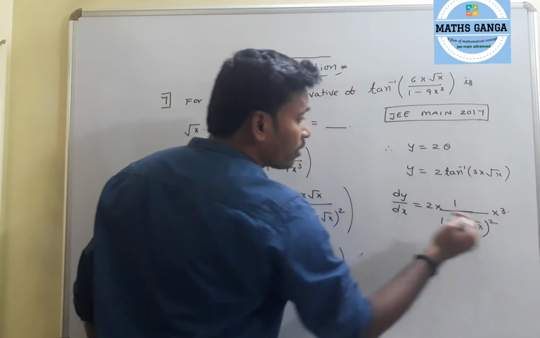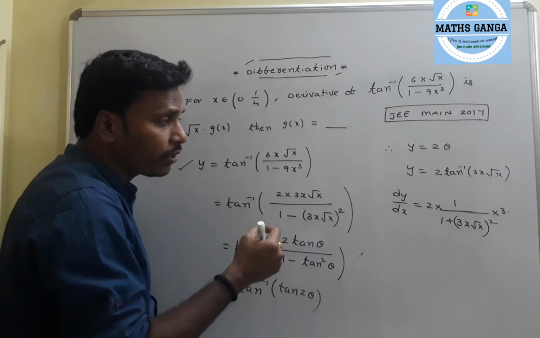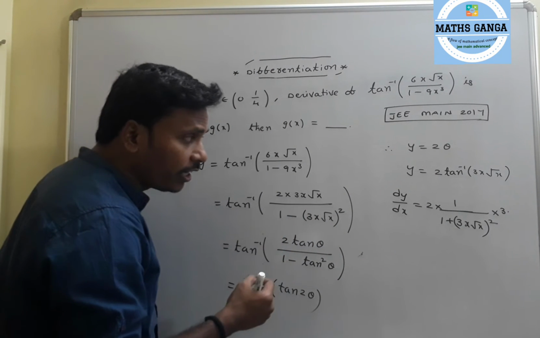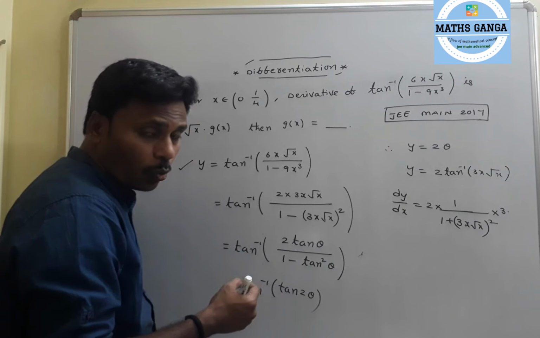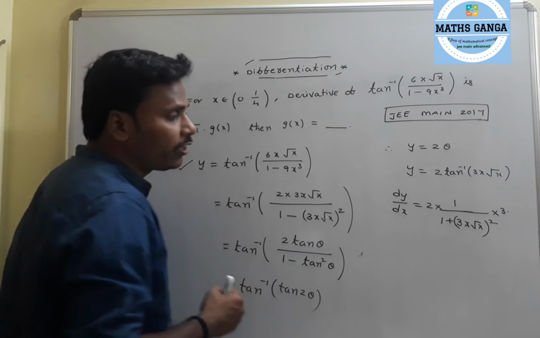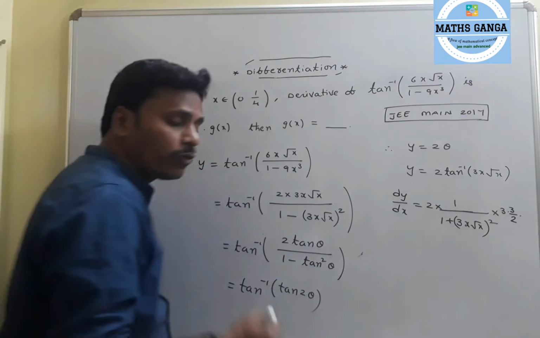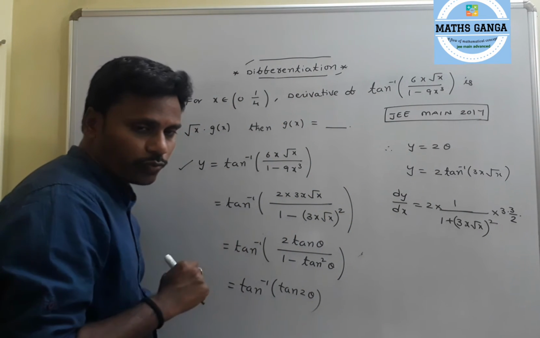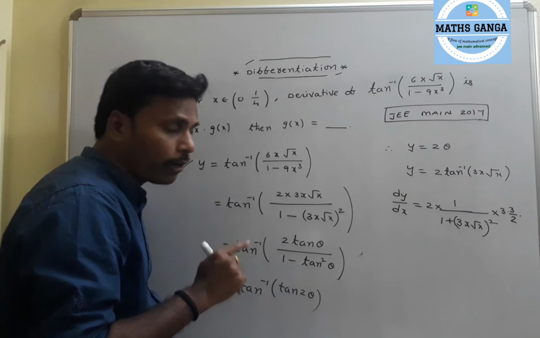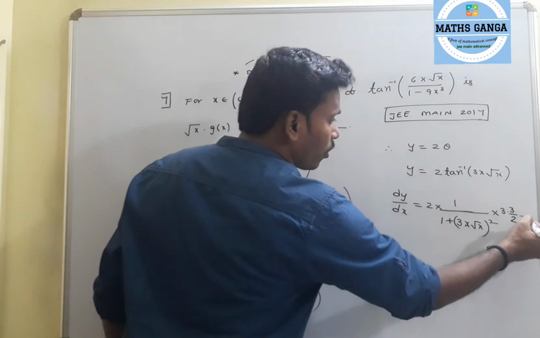See, x root x means x power 3 by 2, right? So it is 3 into x power 3 by 2. The derivative is 3 into 3 by 2 into x power 3 by 2 minus 1. See, 3 by 2 minus 1 is 1 by 2, so it is root x.